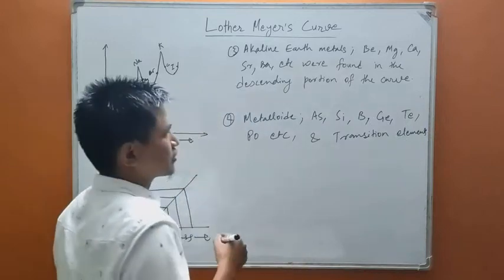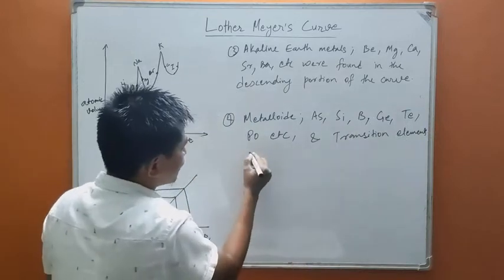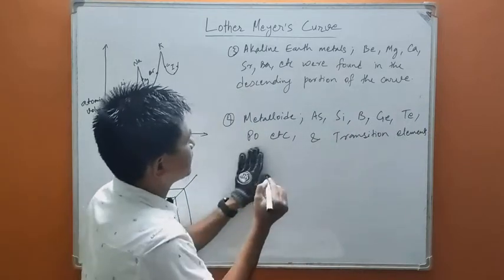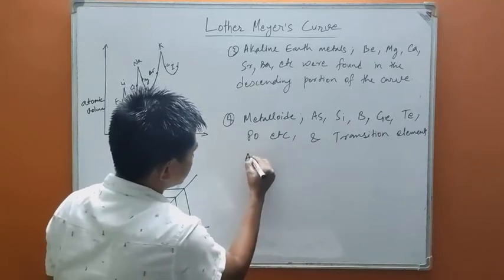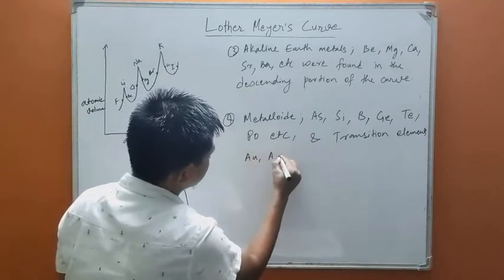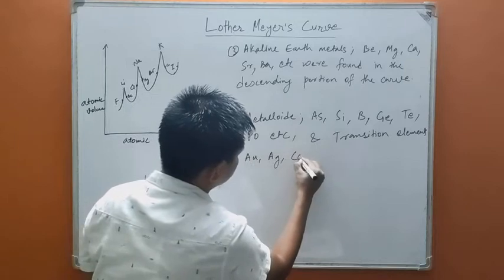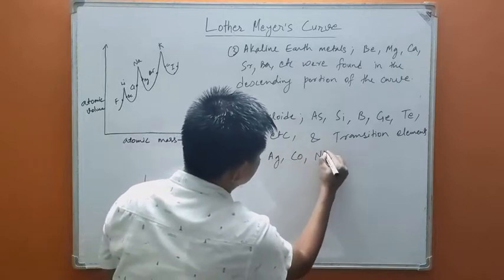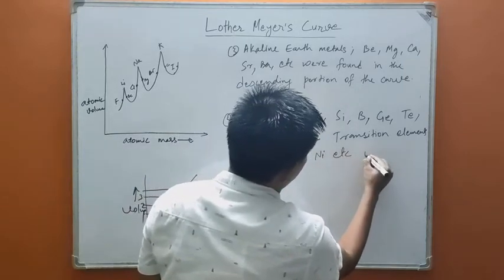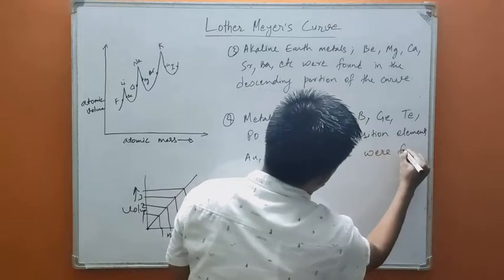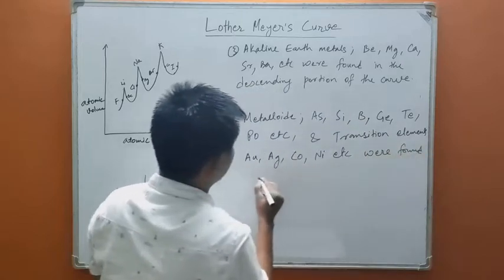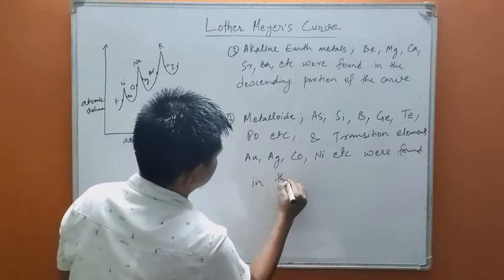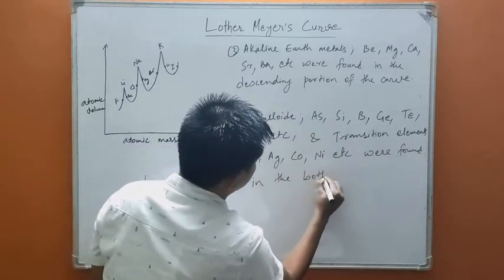They are also called transition metals. Transition elements, example: gold, silver, cobalt, nickel, etc. were found in the bottom portion of the curve.